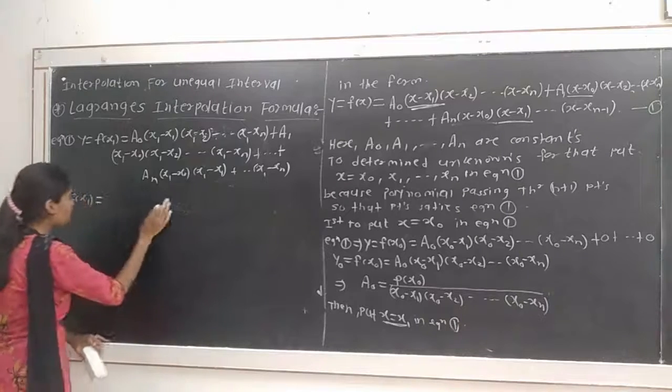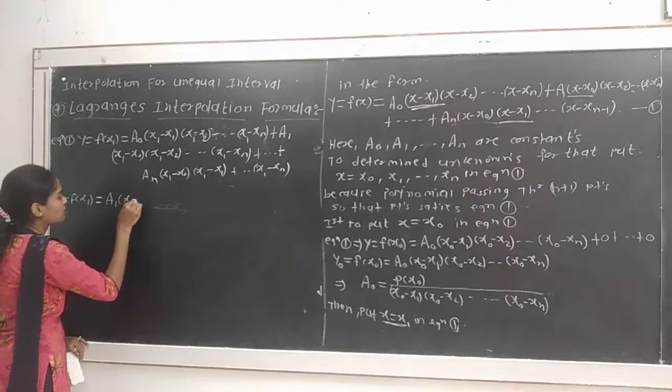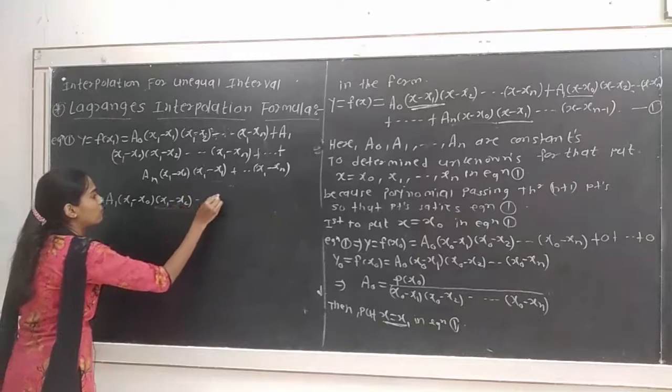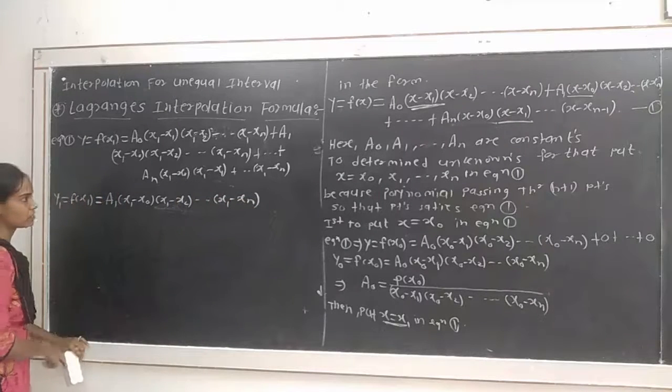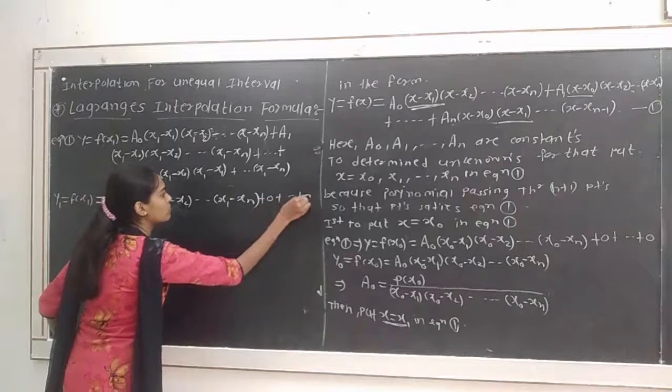All other terms up to the nth term, this factor becomes 0. So we get only the second term, that is a1 times x1 minus x0, x1 minus x2, up to x1 minus xn. All other terms become 0. We write here plus 0 up to 0.